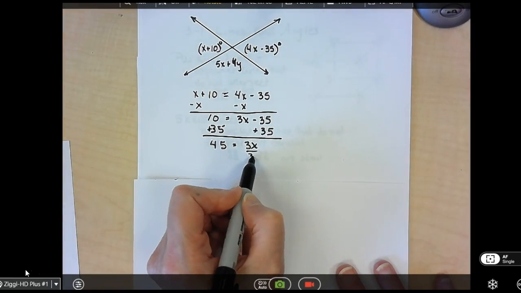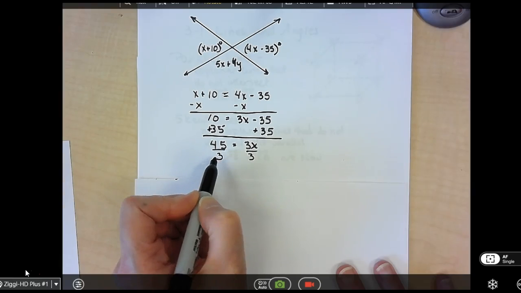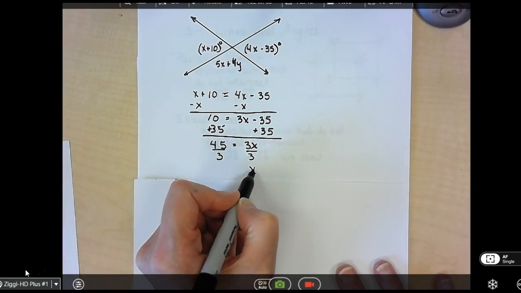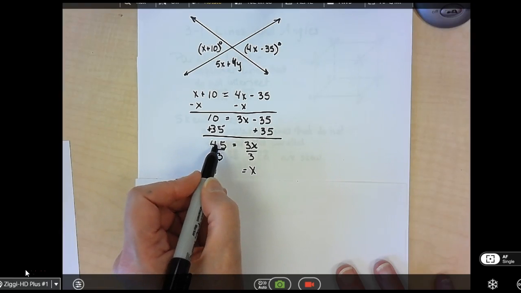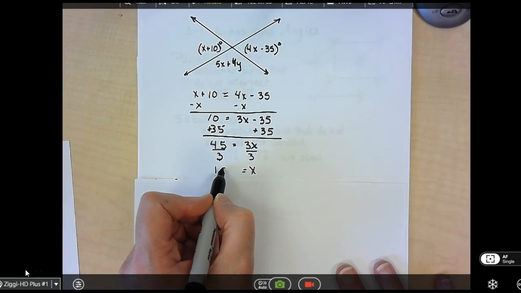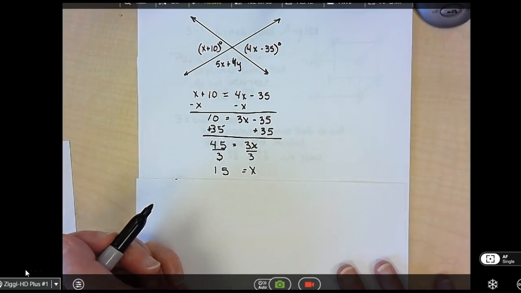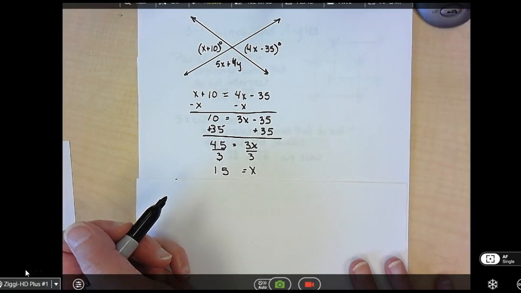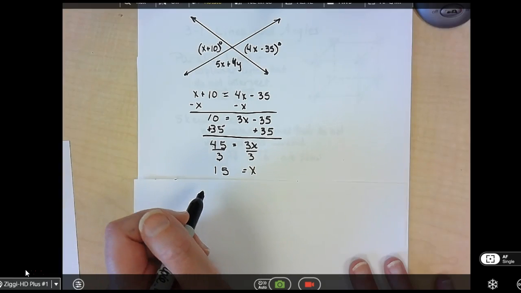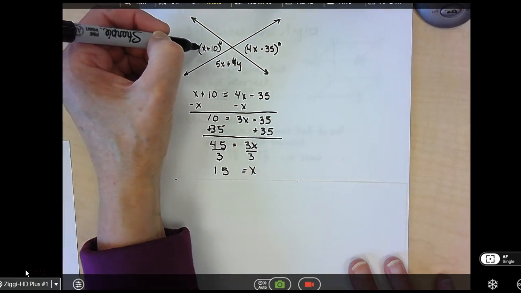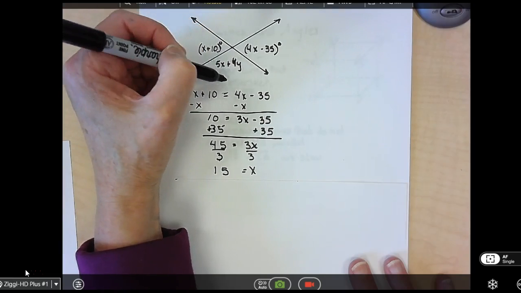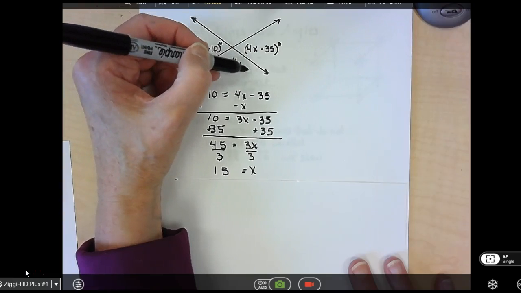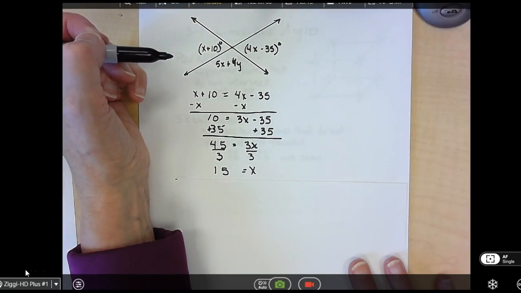Divide both sides by 3, so division property of equality. Now I have x equals 3 goes into 4 once, remainder of 15, 3 goes into 15 5 times, so x equals 15. But now I'm not done because I can find the measure of this angle, which would be 25, so this angle is 25, but I have to find the amount that y is.